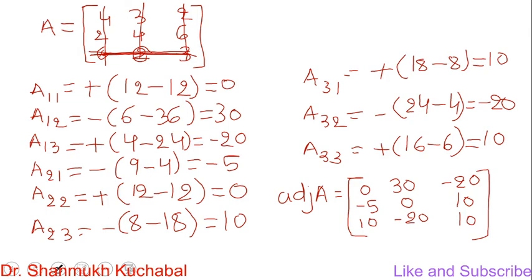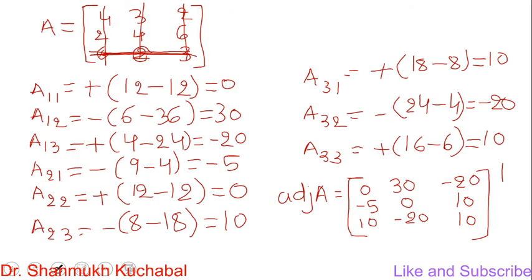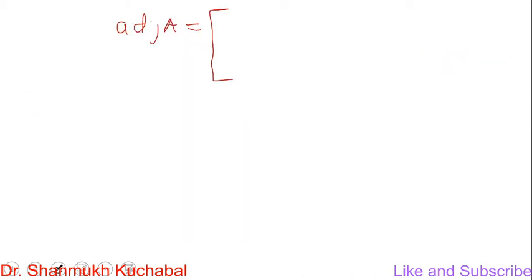And here we have to take the transpose of this adjoint. Transpose means the corresponding row we take as a column. See, dear student, the first row we take as the first column, the second row as the second column, the third row as the third column. Like that, we obtain the adjoint of A.